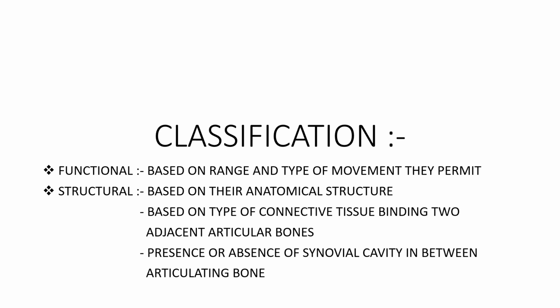Classification. So the classification is of two types. One is the functional and the other is the structural. The functional is based on range and type of movement they permit. So how many types of movement the joint is permitting?